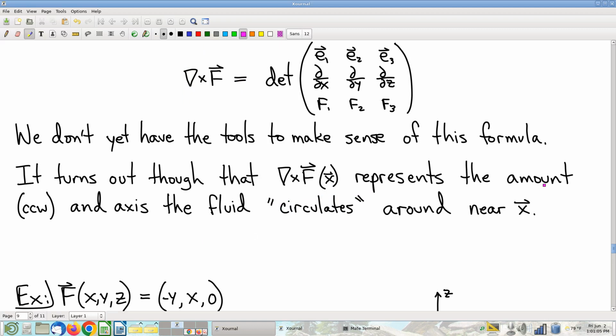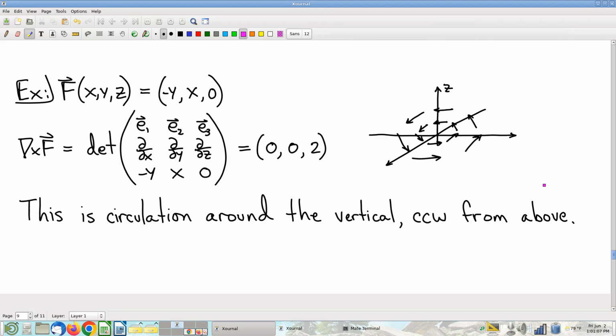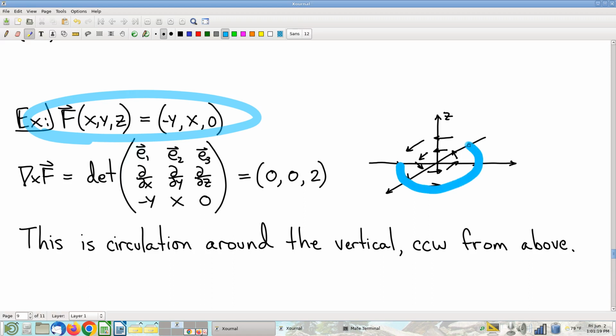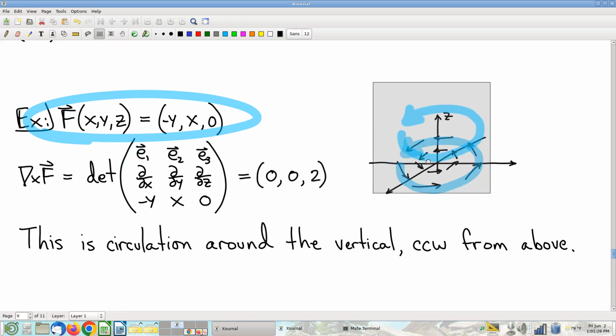And again, we'll make much more sense out of this later. Here's an example. Y'all will recall this vector field. We wrote down something very similar to this, a two-dimensional version of it, and it has fluid going around in circles.